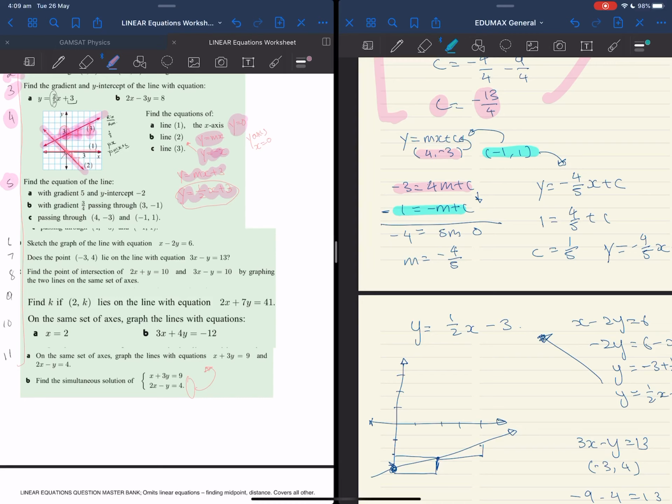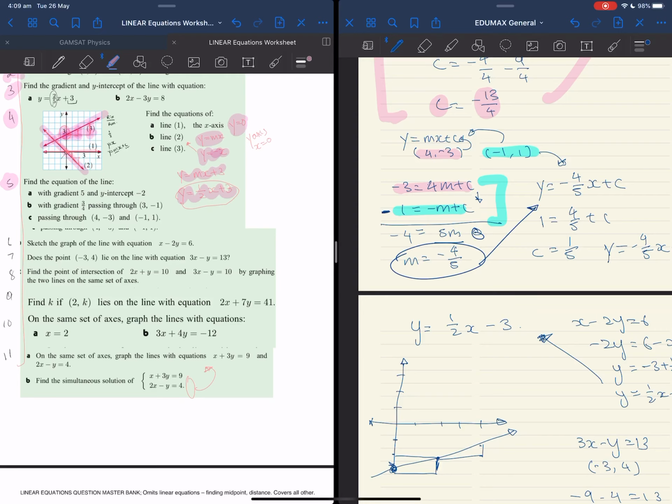So I have not changed anything yet. I simply substituted the 2 points in, and I simply got these two equations. Solve with elimination, so you subtract, and c minus c is 0. 4m minus -m is 5m, and -3 minus 1 is -4. Then you just divide both sides by 5, and you get m.